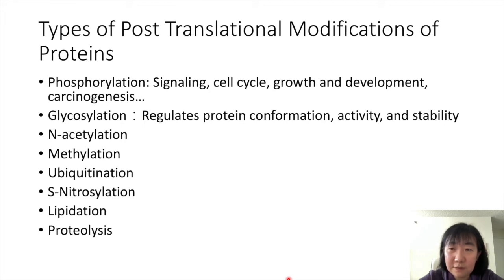The determination of proteins and their PTMs is particularly important for the study of heart disease, cancer, neurodegenerative disease, and diabetes. When we study proteomics, we do need to be able to identify these PTMs.